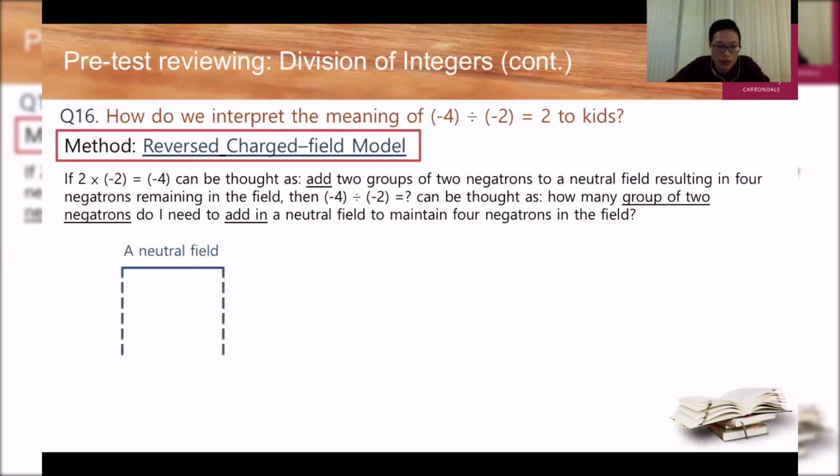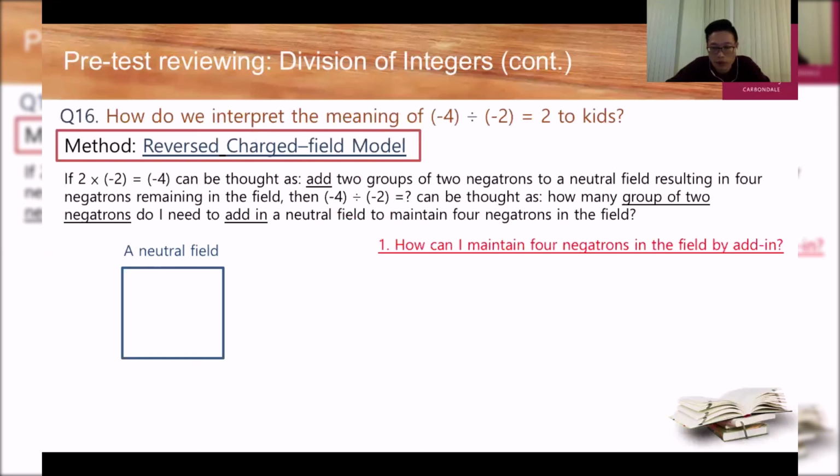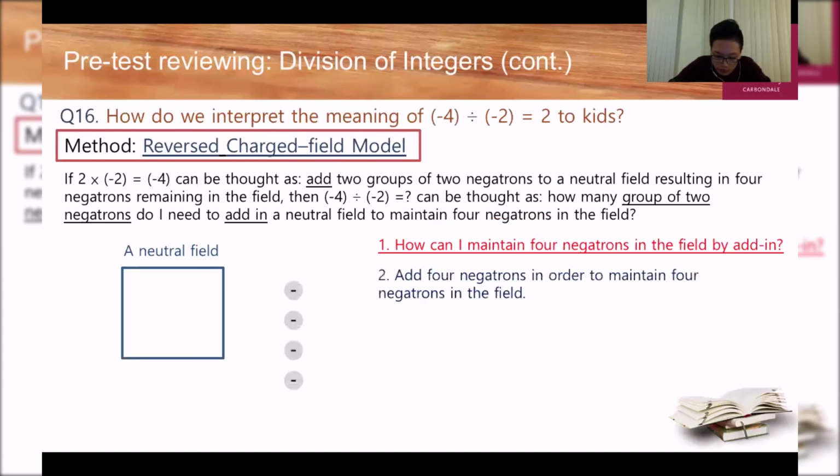So the same thing, I start from a neutral field. How can I maintain 4 neutrons in the field? By adding in. Here we have to add 4 neutrons into the field in order to maintain 4 neutrons in the field, right?